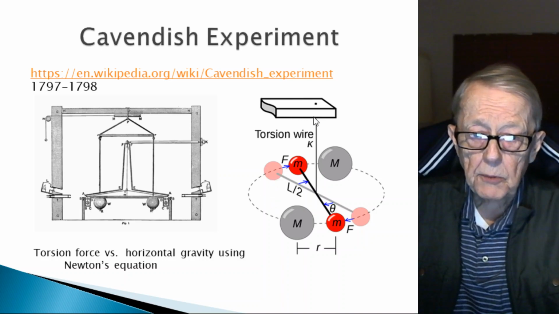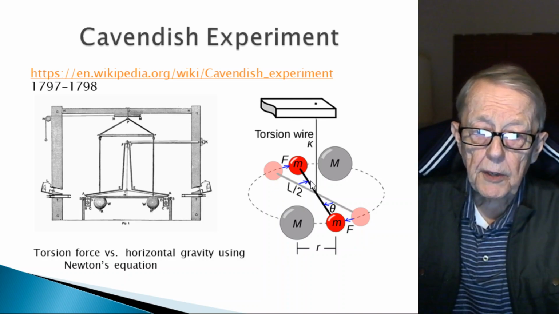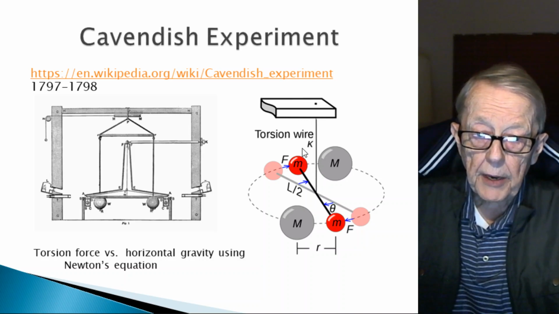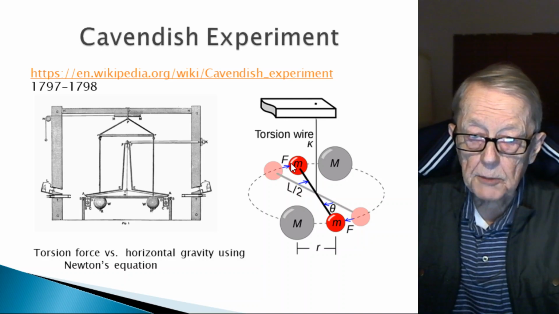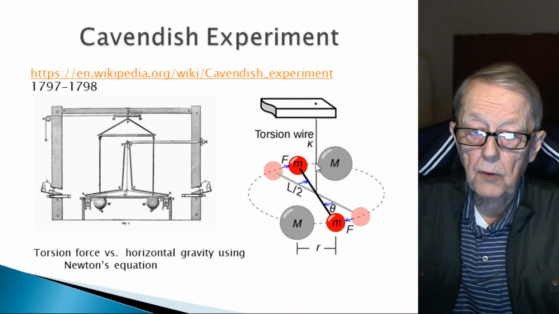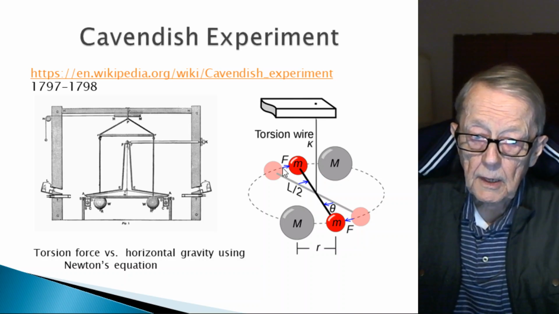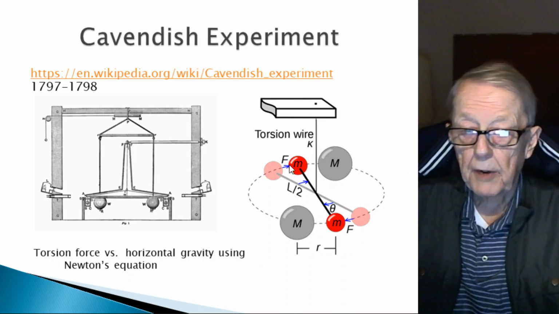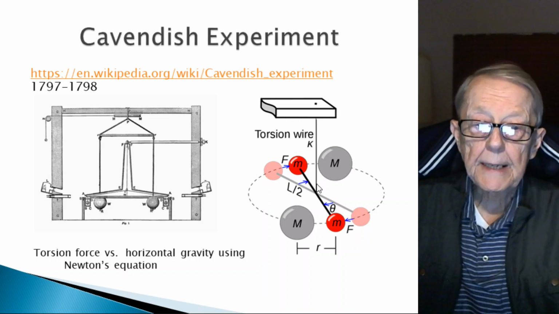What Cavendish did was he knew what the torsion constant K was of this wire. And he knew that if this was its neutral position, when the horizontal gravity caused the small mass m to move over here, it would put a torsion force trying to pull it back while the horizontal force of gravity is pulling it this way.